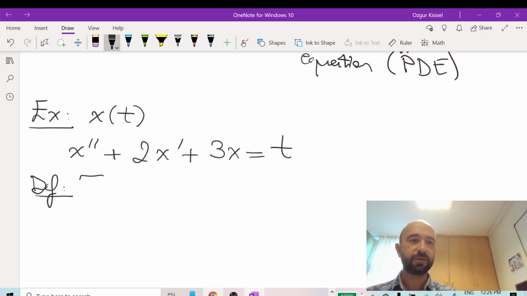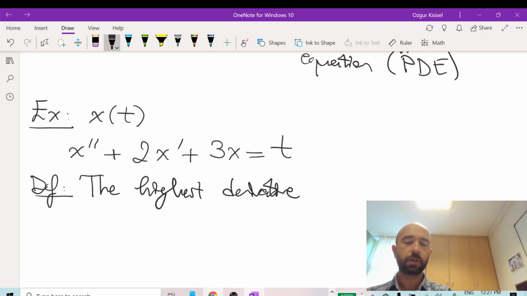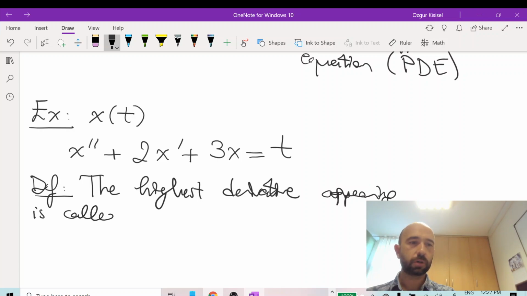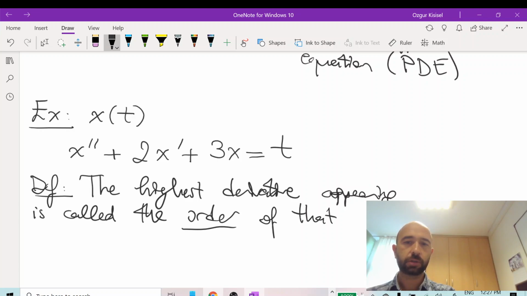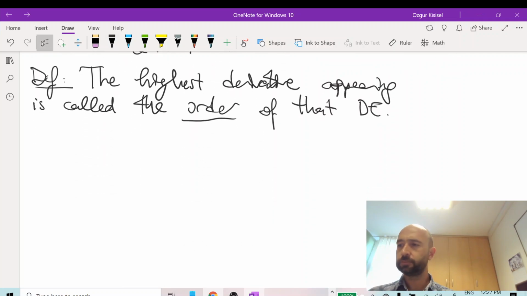So the highest derivative appearing is called the order of that differential equation. Let me write D for short. If you would like to see some concrete examples, 2 of them.